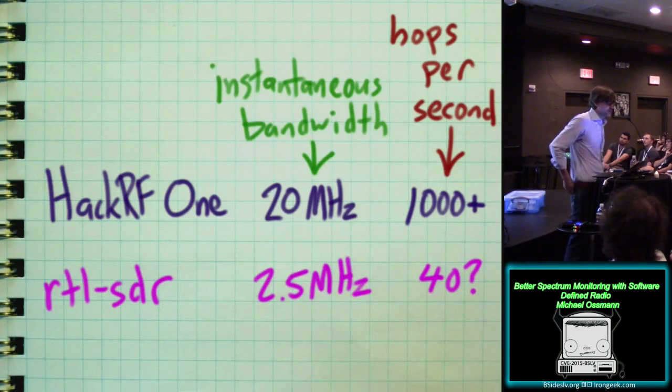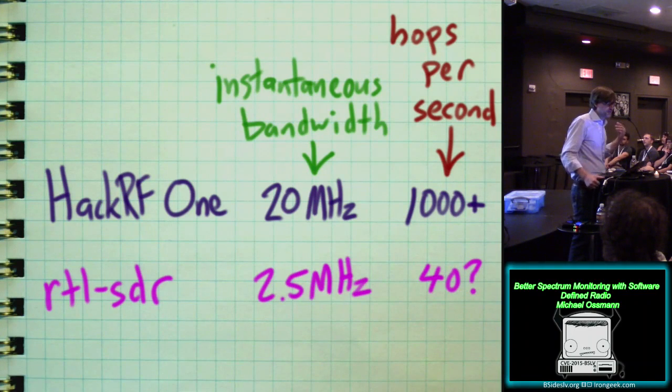But to give you an idea of how much we can fill that grid with those rectangles, the instantaneous bandwidth of HackRF One is about 20 megahertz. So that means every rectangle is wider. And with an RTL-SDR, we can get about 2.5 megahertz.